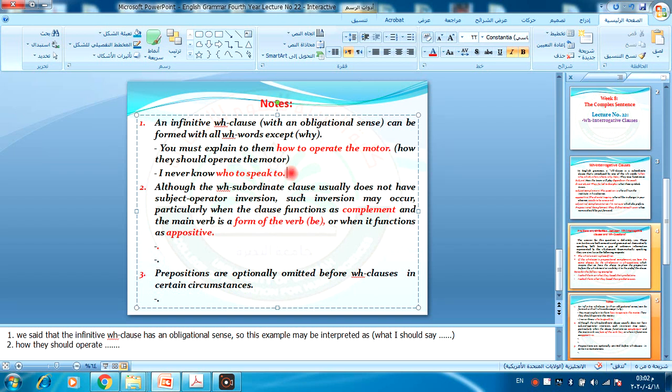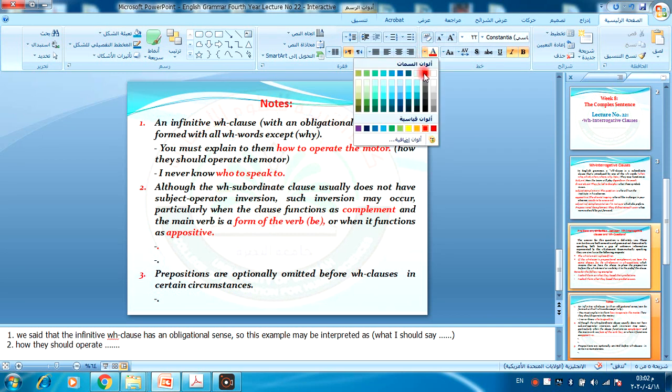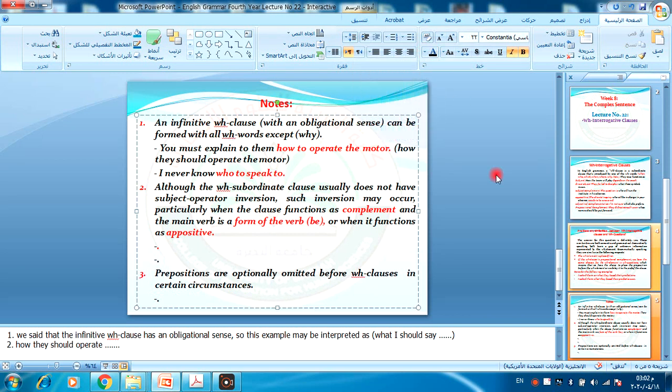Now the interpretation is that I never know who I should speak to. This is why we said that it is with an obligational sense.